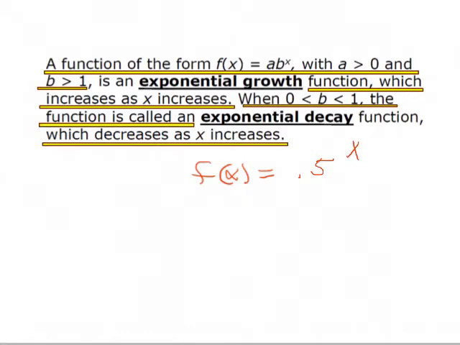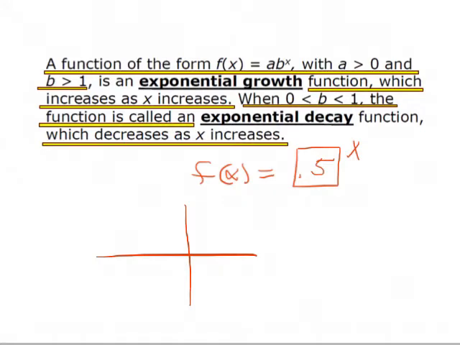Well, that function, because this b value is between 0 and 1, is going to be a decreasing function. It is called exponential decay. This means that the function decreases as x increases.